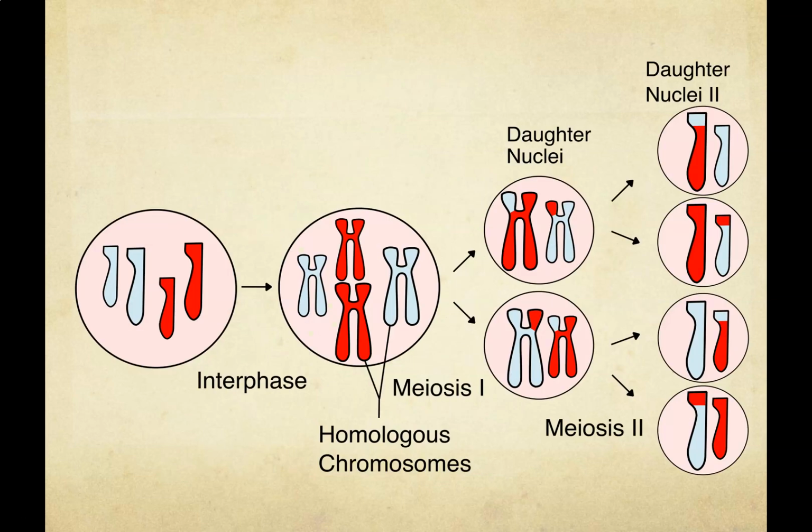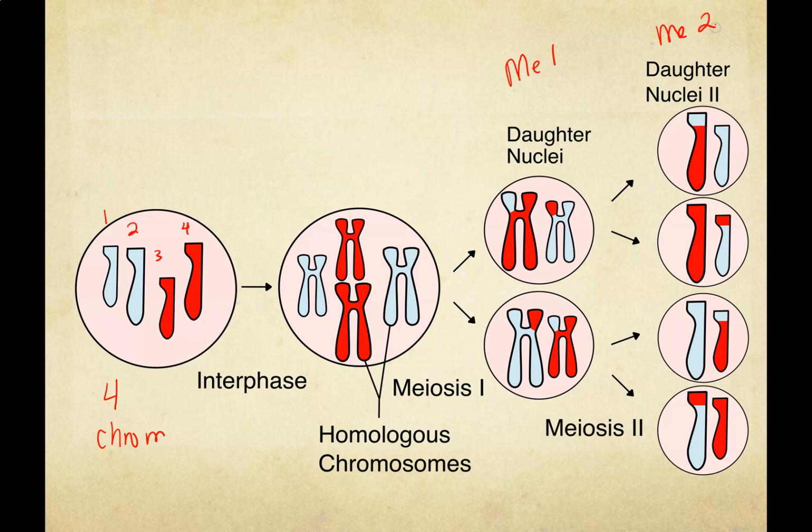So if you look here, the original cell over here has a number of 4 chromosomes. And you can see that. You got 1, 2, 3, 4. After meiosis 1, well, actually, meiosis 1 is going to be over here. So there's going to be 2 rounds. There's going to be meiosis 1, and there's going to be meiosis 2.